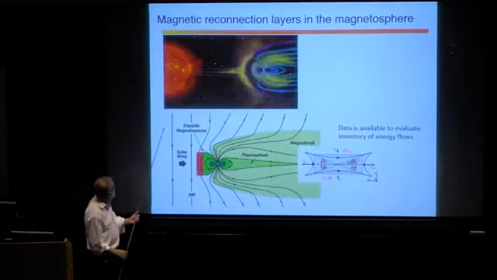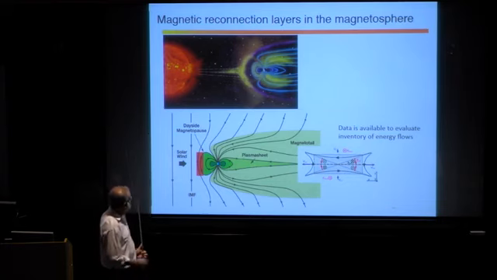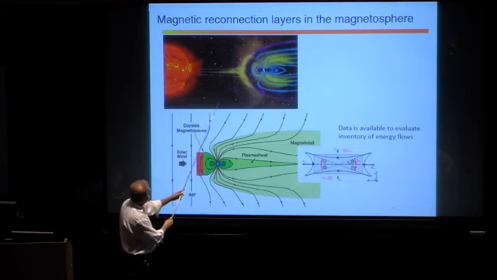In the Earth's magnetosphere, which is of interest even to those who study pulsars or terrestrial magnetospheres at places other than Earth, like Mercury, for example, or some of Jupiter's moons, what you have is the sun and the solar wind, which impacts the Earth's magnetosphere.